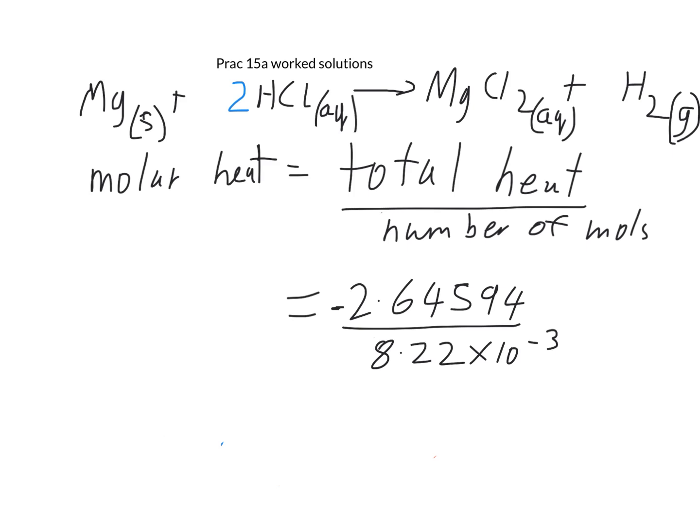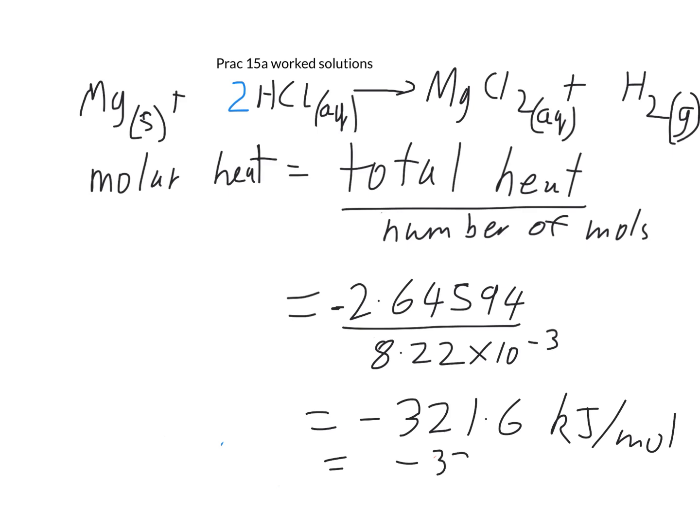Also very important here is we're dividing by the moles of the limiting reactant, which previously we worked out to be magnesium. Think about why that is. There's a very important reason for doing that. When you solve this, you should get negative 321.6 kilojoules per mole, or in 3 sig figs, just negative 321 kilojoules per mole.